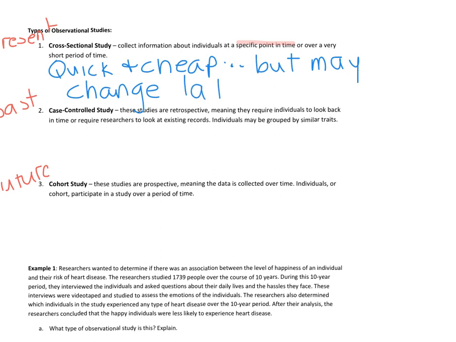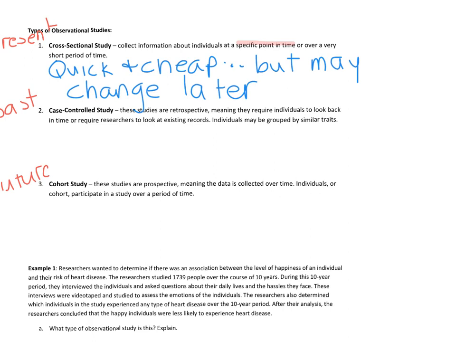Okay, so in comes the case-controlled study. These studies are retrospective, meaning they require individuals to look back in time, or they require the researchers to look at existing records. And individuals may be grouped by similar traits. So in our example, let's say maybe someone's not presently smoking, but maybe they smoked like 20 years ago.